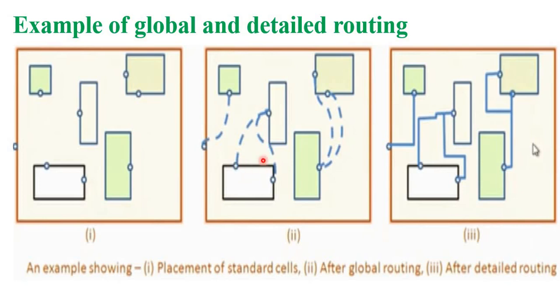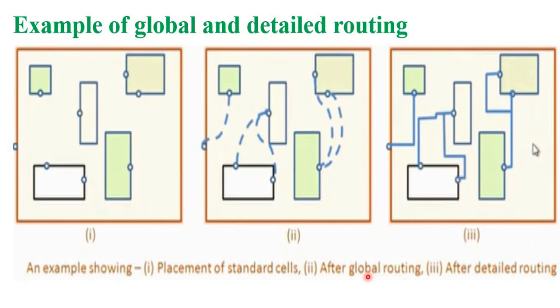After getting the global routing, once the global routing is finished, try to complete one connection to the other connection. So here I connect my design like that, and the second one, this is nothing but the connection, and this is nothing but the connection.